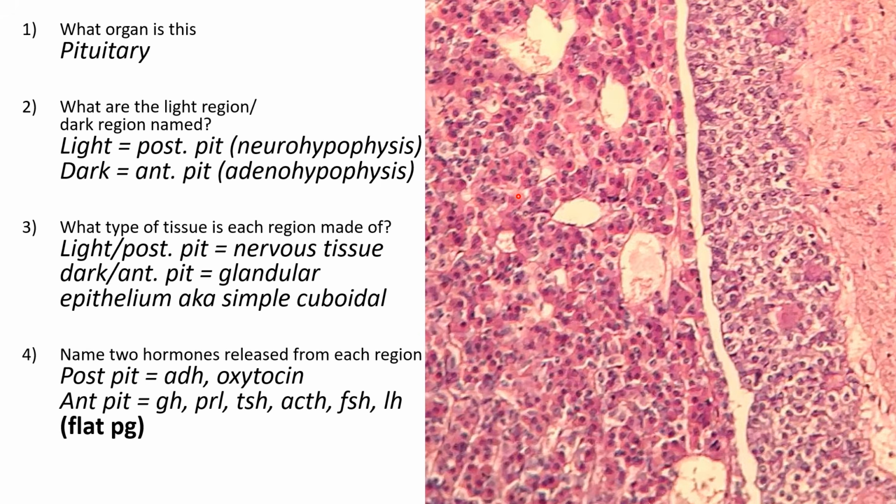The anterior pituitary, you can remember all the hormones it releases by remembering FLAT PG. If I was smarter, I would have done it in order here, but that's FSH, LH, ACTH, TSH, prolactin, growth hormone. If that's all new to you, that's for another day.